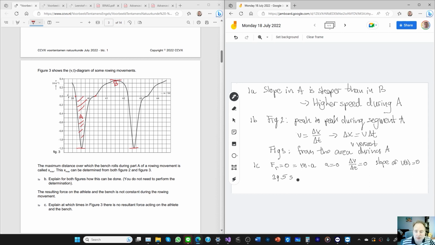So say 41.6. Between 5 and 7.5, so say about 42.65.